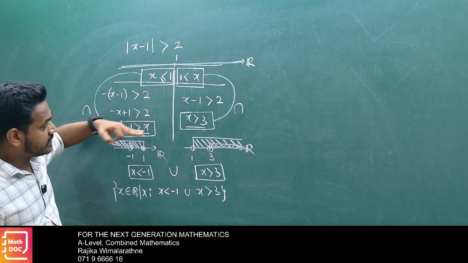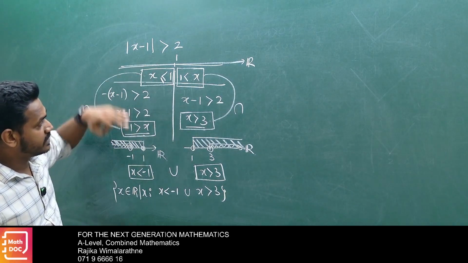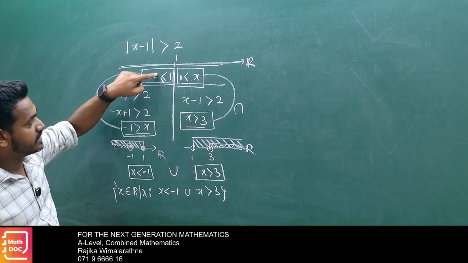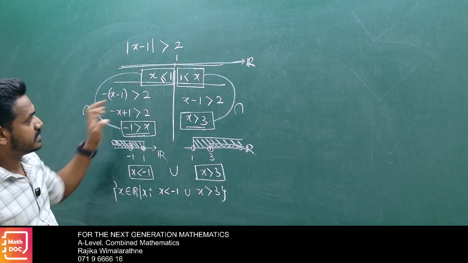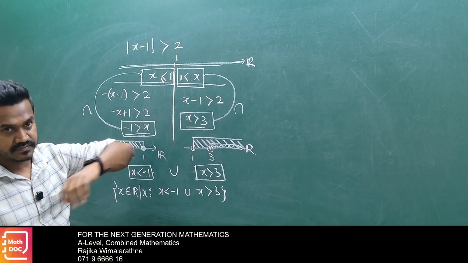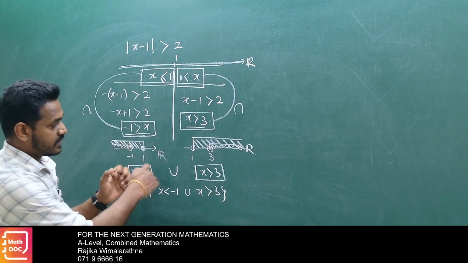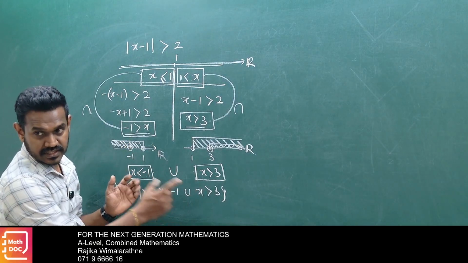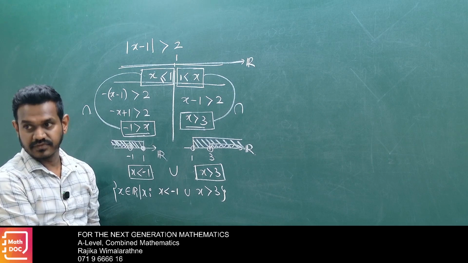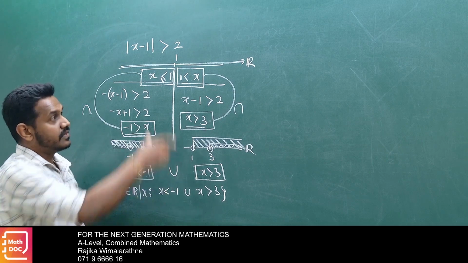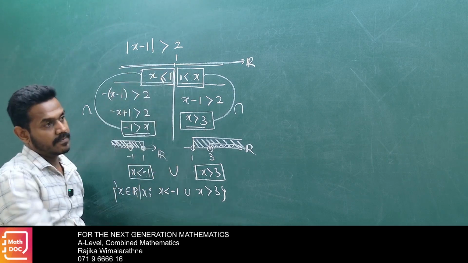Then for the final answer, take the intersection of the column header with these two, similarly here, and thereafter take the union of these two. That's how we evaluate modulus inequality type. Okay, do that method, do that question.